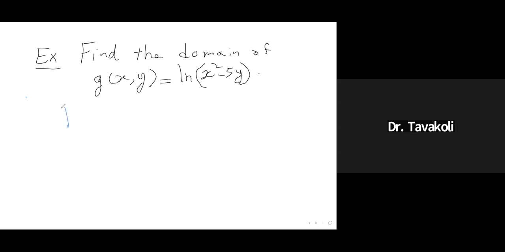So the domain consists of x and y's such that x squared minus 5y is strictly more than 0. Equal to 0 doesn't make sense because ln of 0 is undefined.